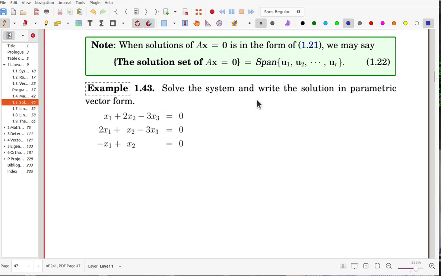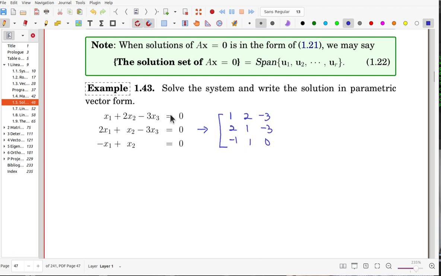Solve the system and write the solution in parametric vector form. So let's try to solve the system. Again, we start with the corresponding augmented matrix. So 1, 2, minus 3; 2, 1, minus 3; and minus 1, 1, 0.